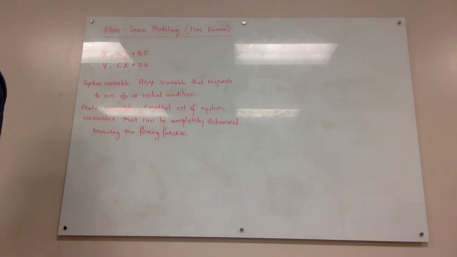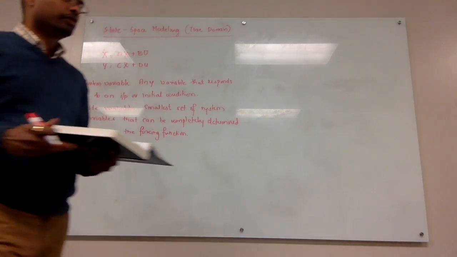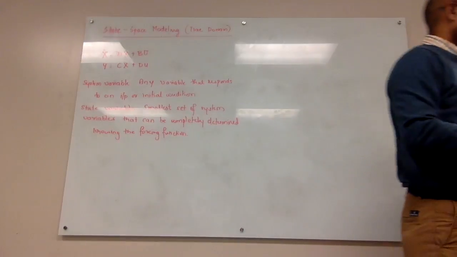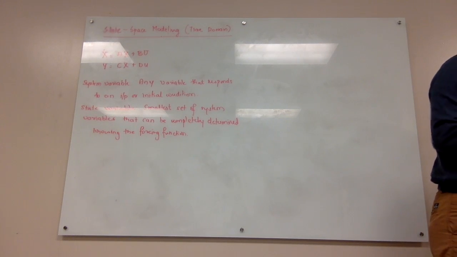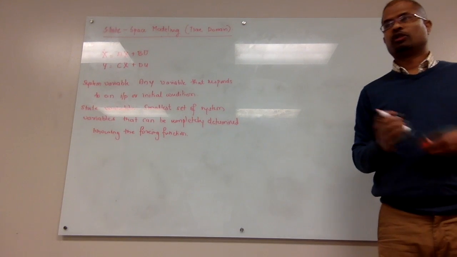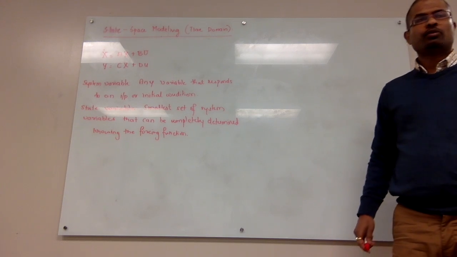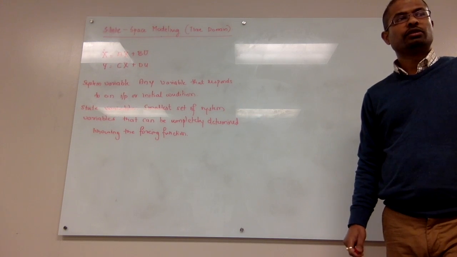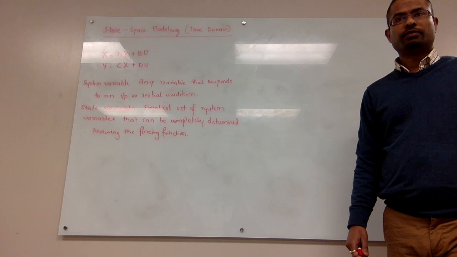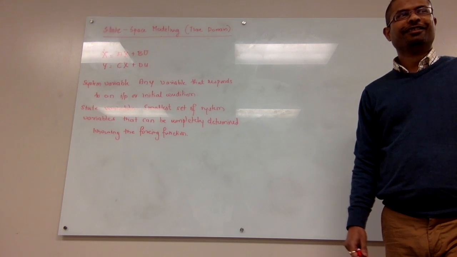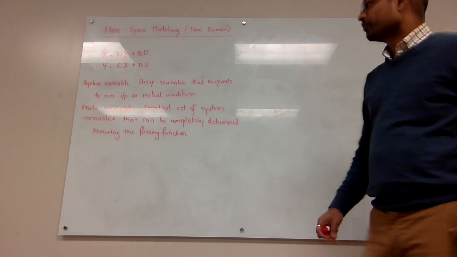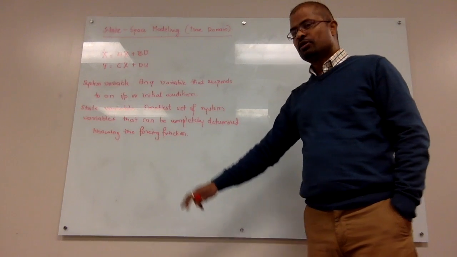Okay, so state variable is the smallest set of. See, when you're developing the dynamics of a system, when you're developing this dynamic model, you may never be able to develop the dynamic model of any system completely, right? So, for example, system variable.